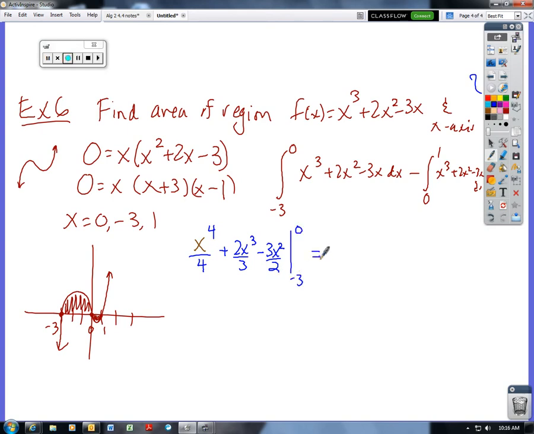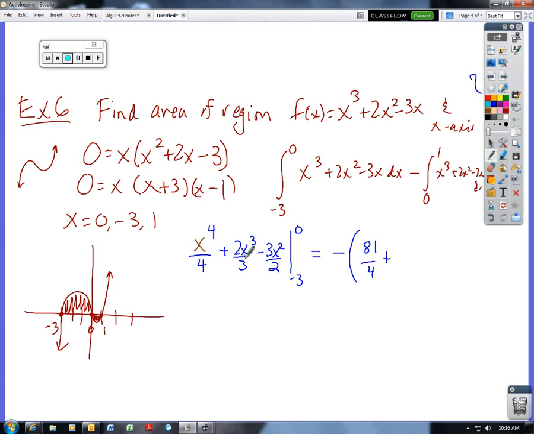I'm going to try to go very methodically. So I'm going to be plugging in 0 first. All of these are going to be 0. So 0, and then minus, parenthesis. Then I'm going to plug negative 3 in everywhere. So I'm going to have negative 3 to the 4th. That's positive 81 over 4. Plus, I'm going to have negative 3 cubed, which is negative 27.